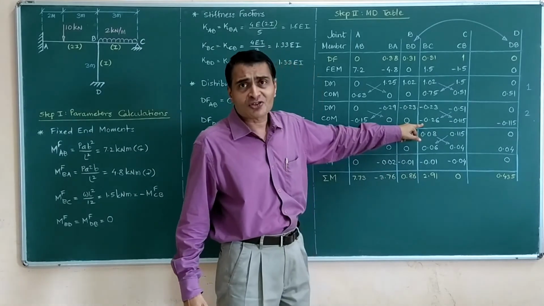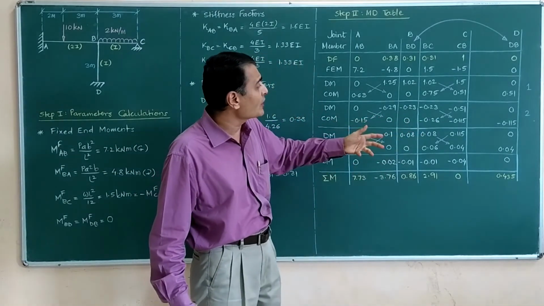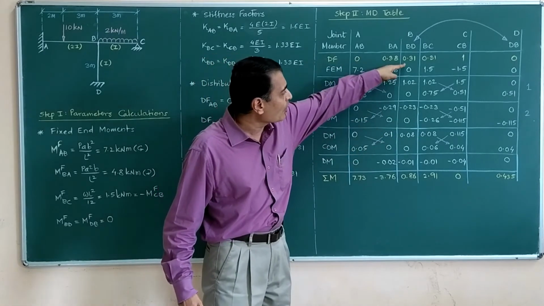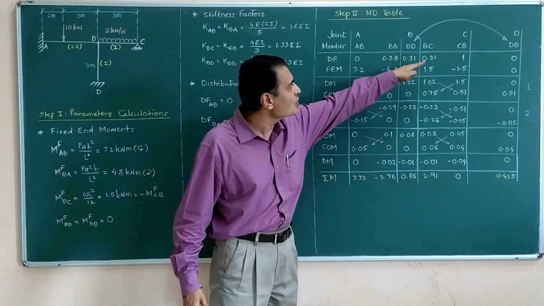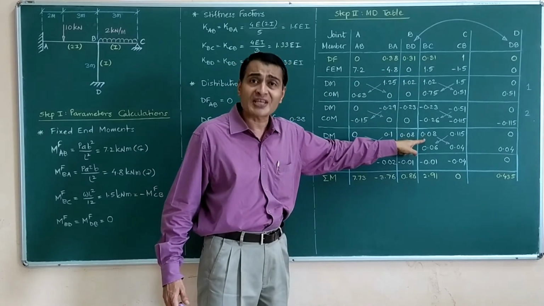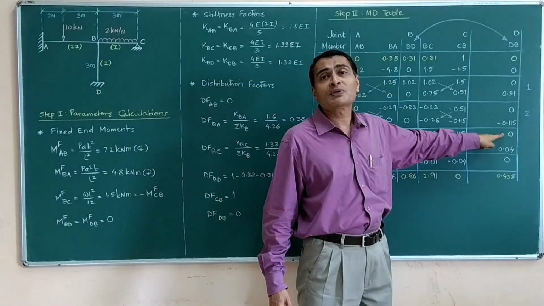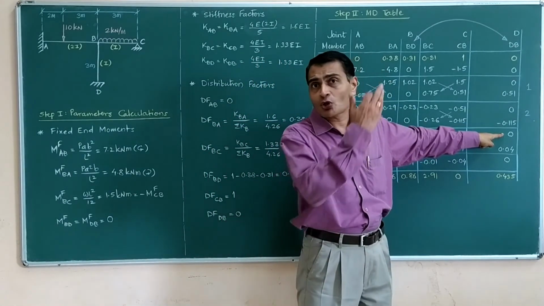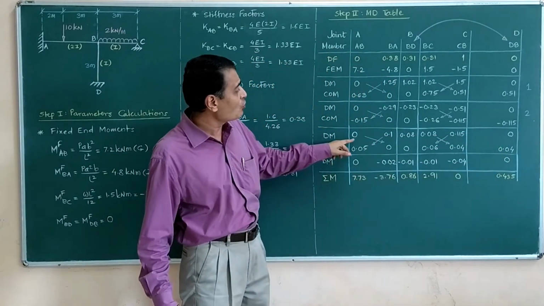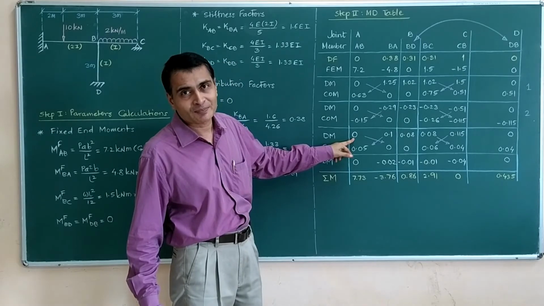Negative 0.26, so I apply positive 0.26, and it gets distributed in 3 members as 0.38 into 0.26, 0.31 into 0.26, 0.31 into 0.26. Again these two values are the same. I apply positive 0.115 but I get 0 here because DF is 0, and I apply positive 0.15 here but again DF is 0, so I get 0.